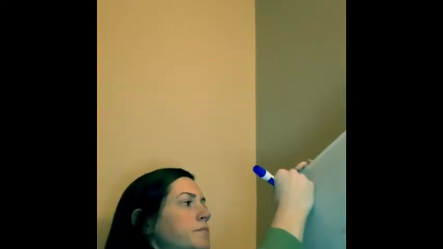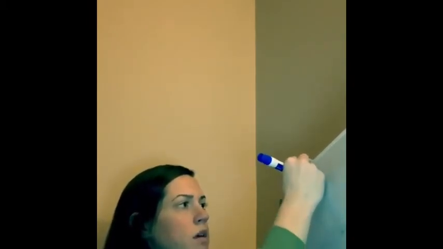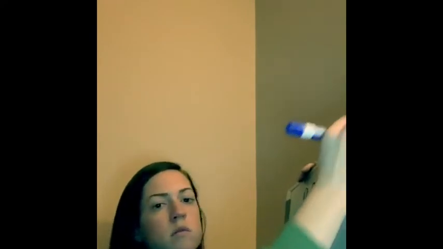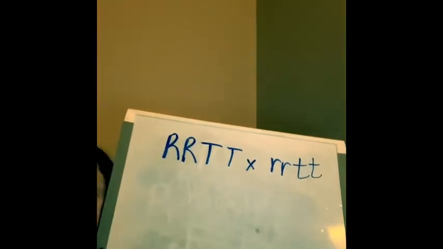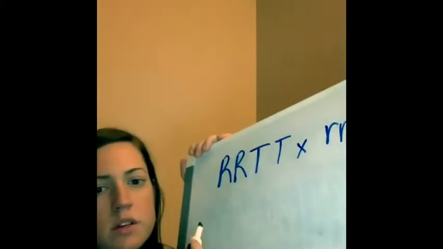So if we are doing a dihybrid cross between homozygous dominant and homozygous recessive, we'll do big R, big T crossed with little r, little t. Remember, there are 16 squares to this.